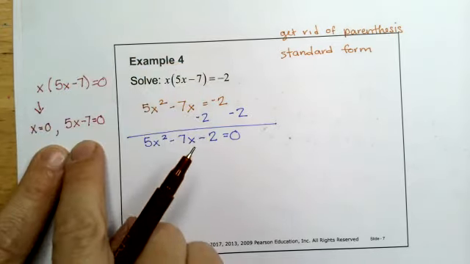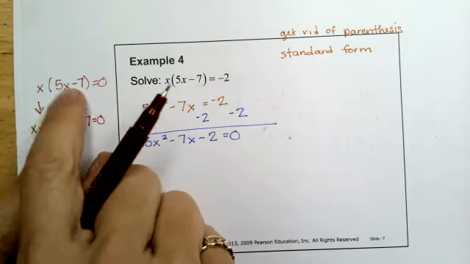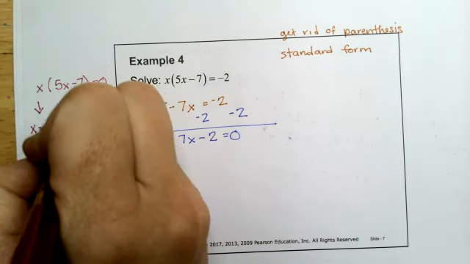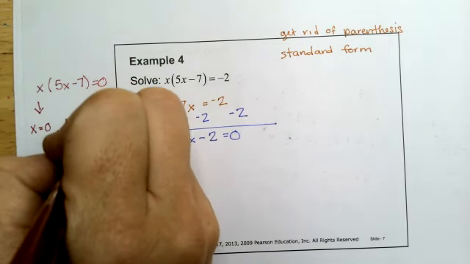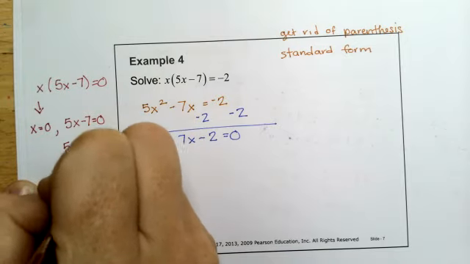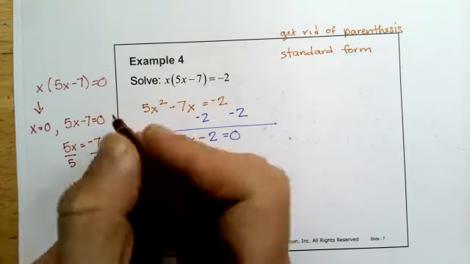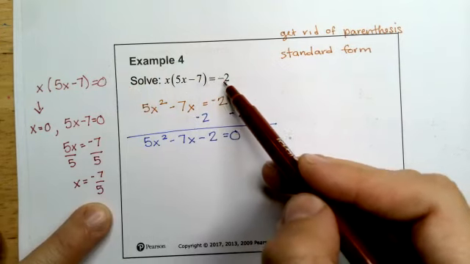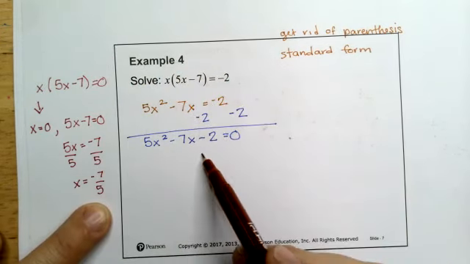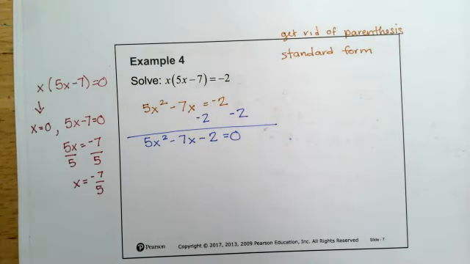So you see the difference? If it's already equal to 0 and factored, then you get to skip all the way to the end and just say x is 0 and x equals 7/5. Okay. But if it's not set equal to 0, you have to factor this and move that so that you have it like this. All right.